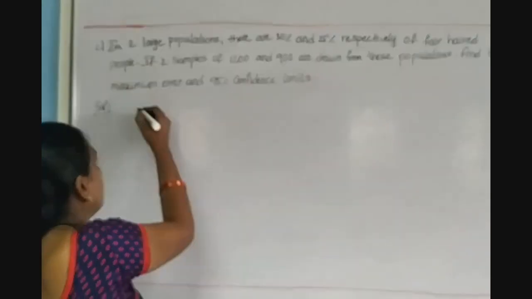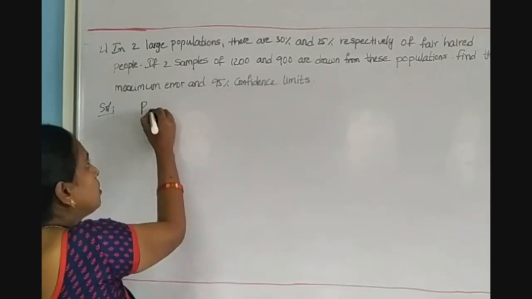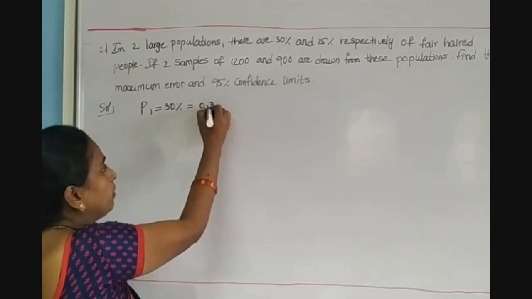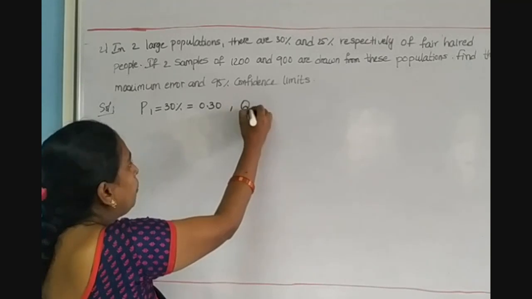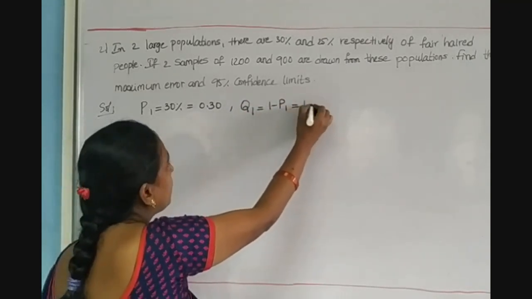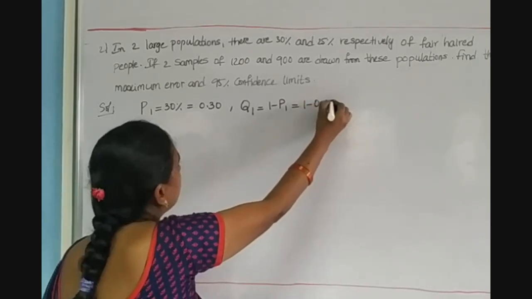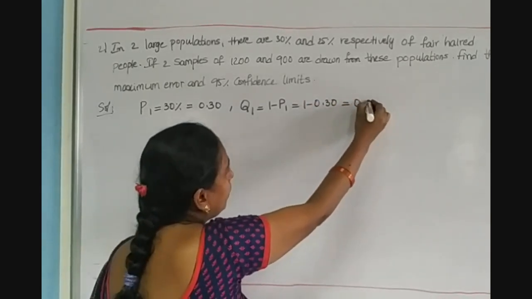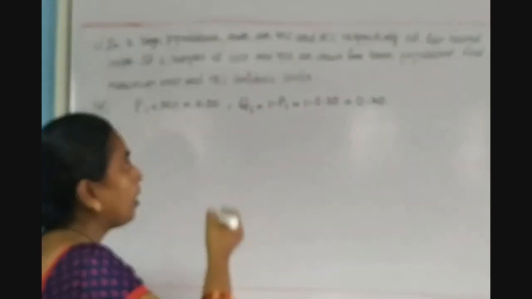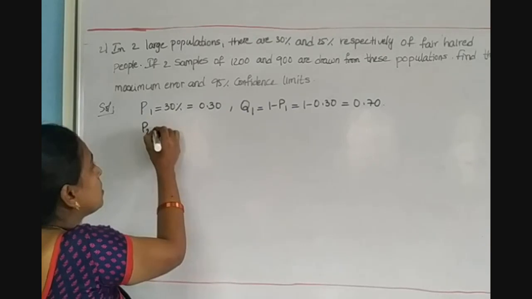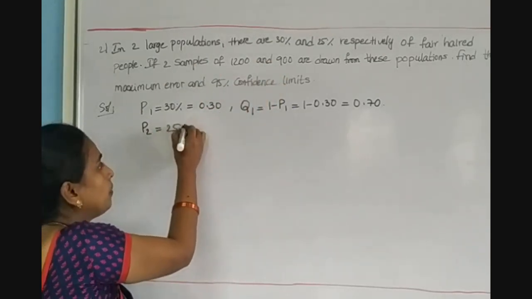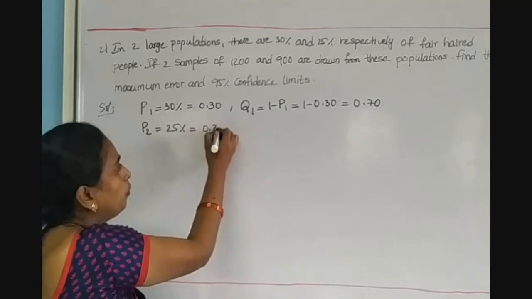So they have given P1, the population proportion, P1 equal to 30%, that is 0.30, and Q1 equals 1 minus P1, that is 1 minus 0.30, that is 0.70. They have given P2, the second population proportion of fair-haired people, as 25%, that is 0.25.